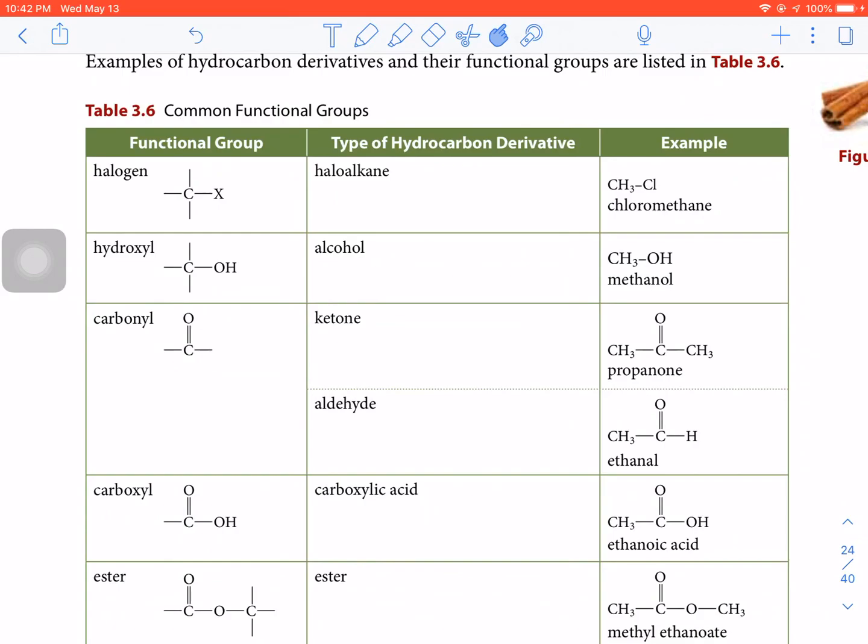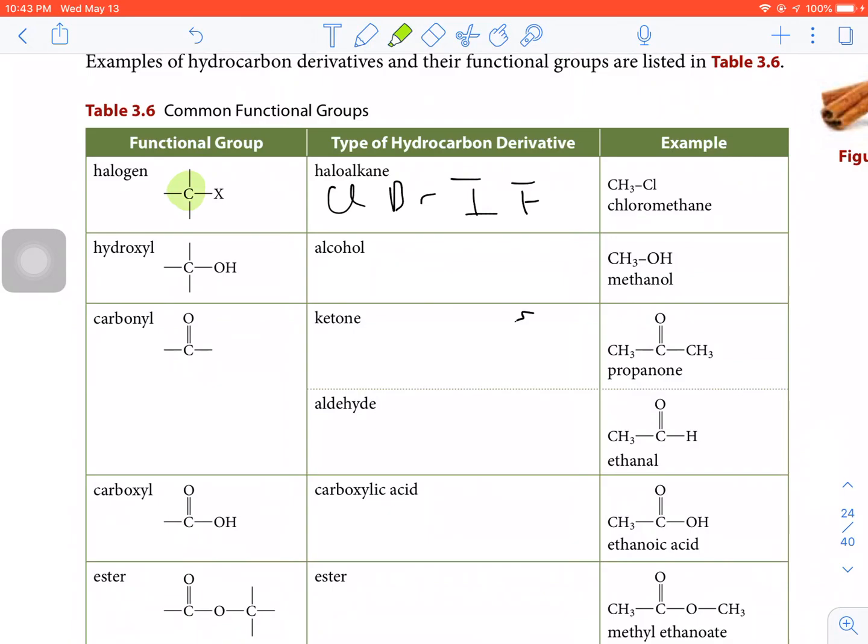So some of the simpler ones are when I put a halogen. Halogens, remember, are chlorine, bromine, iodine, fluorine. If I add one of these elements onto my hydrocarbon chain, somewhere along the chain, instead of having H's all the way around, it becomes a haloalkane.